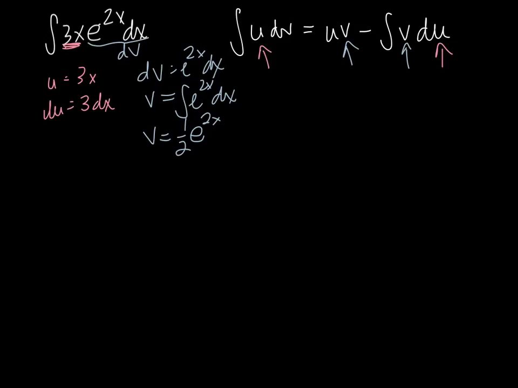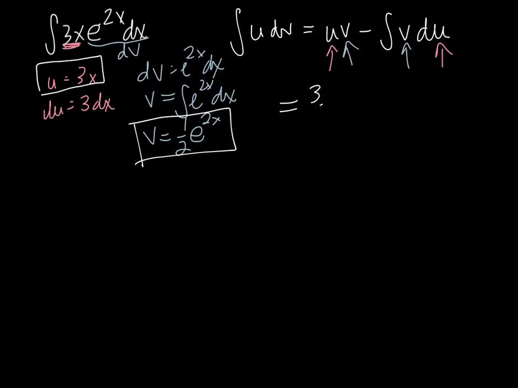Oops. Don't want to point out that u. I want to point out this u. Okay. So I go ahead and plug back in. u times v. So that's 3 times 1/2 is 3/2, and an x, and an e to the 2x.